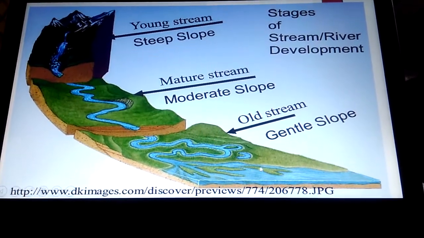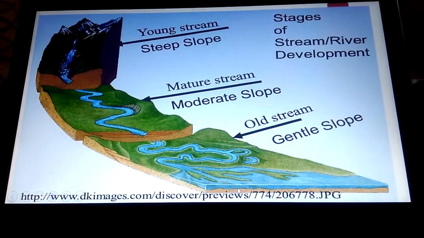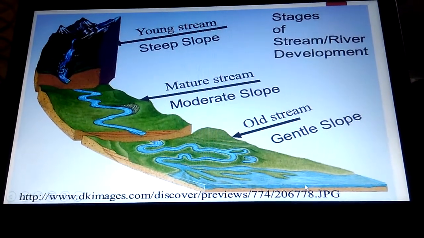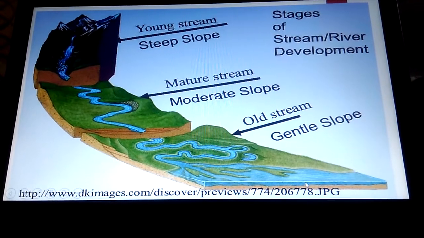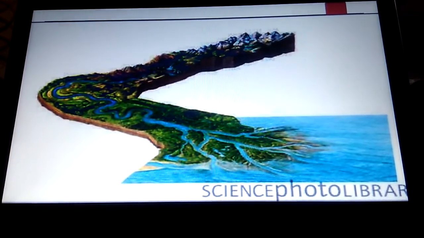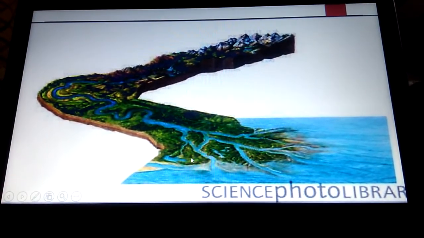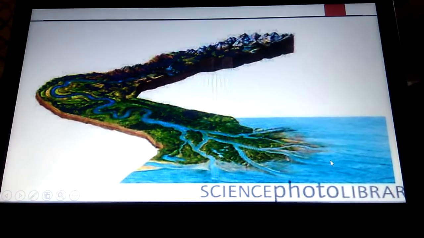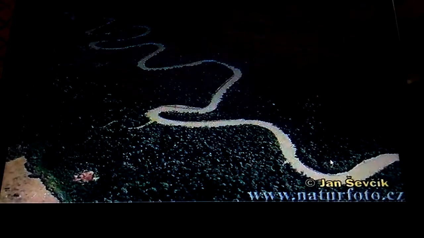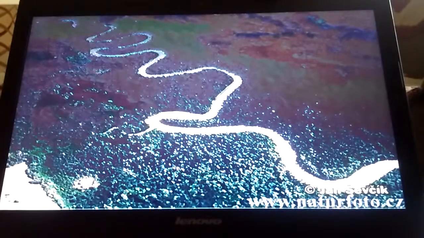It forms a lot of deltas, and ultimately we have the last thing, which we call the river mouth, where the river joins a sea or the ocean. Here is another diagram where you can see the delta made by the river and the river mouth. This is how the river meanders, making a serpent-like movement.